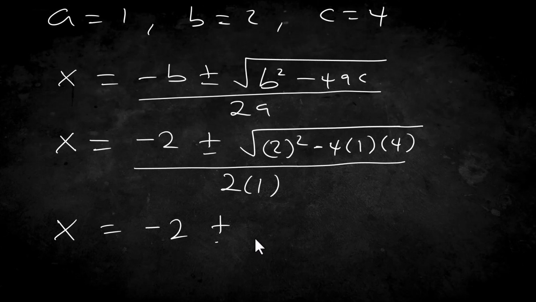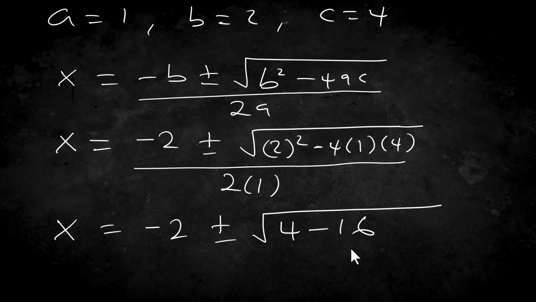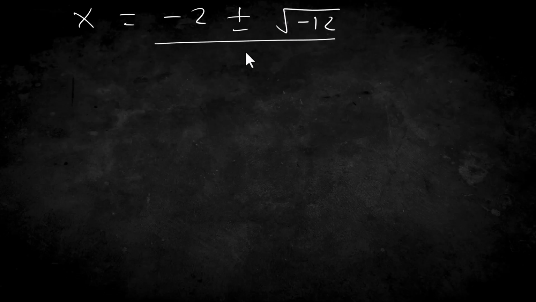So minus 2 plus or minus the square root of 4 minus 16 over 2, which is minus 12. So we have x equals minus 2 plus or minus the square root of minus 12 over 2.